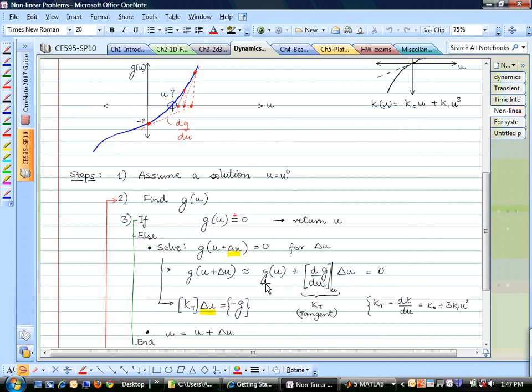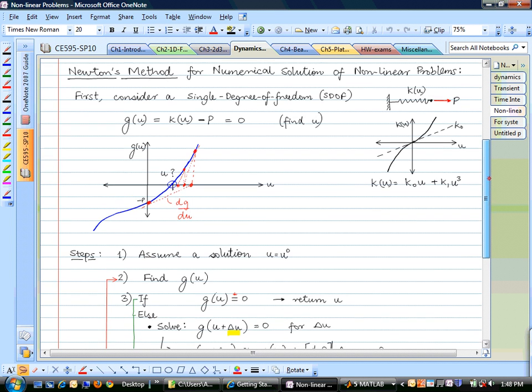People normally call this term right here the tangent stiffness. What you do then is this tangent stiffness times delta U is equal to minus G. You can solve this for delta U. What this tangent stiffness represents is this slope. Let me zoom in here.